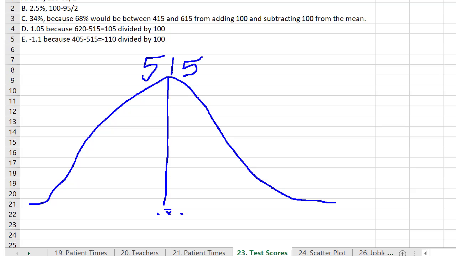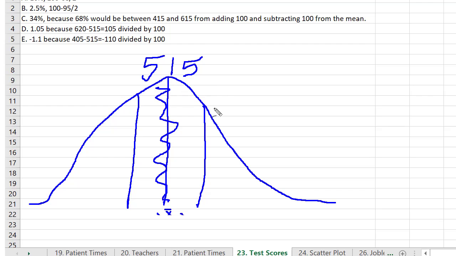Okay, so according to what you're given, 515 is the mean. So what is one standard deviation? One standard deviation above and below the mean should have 68%. So we'll say this and this, and just so we know, this is the mean. This is above the mean, this is below the mean.